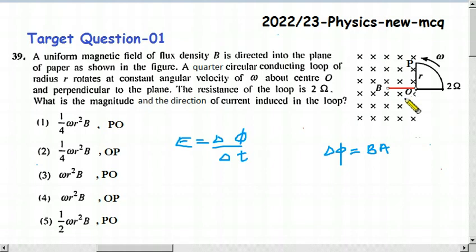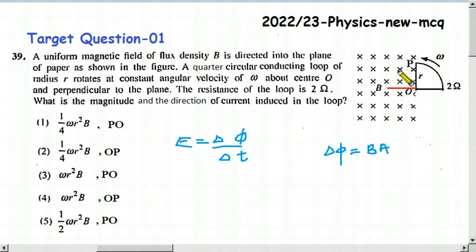So this is the wire that generates EMF or current. What about this curved section? It doesn't make any current even though it is in the field, because this curved section does not cut the magnetic lines of force; it just creeps between these magnetic force lines without cutting them.